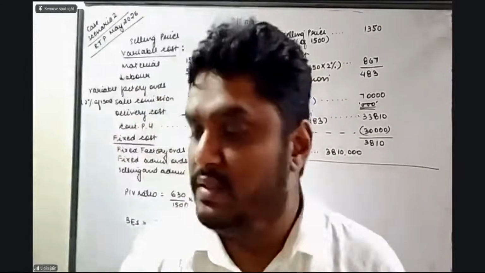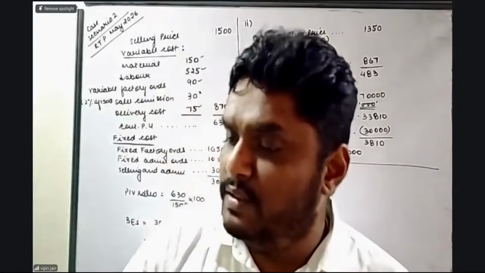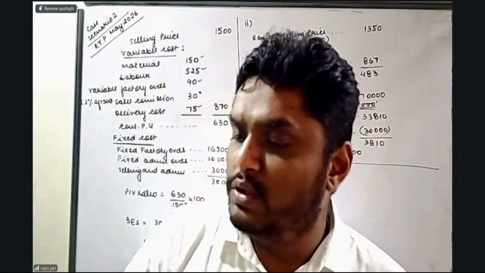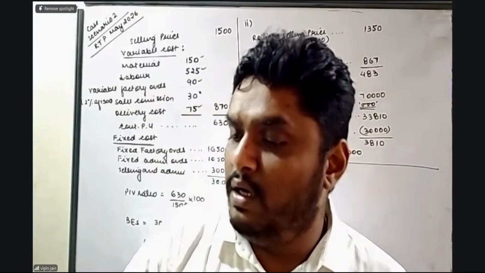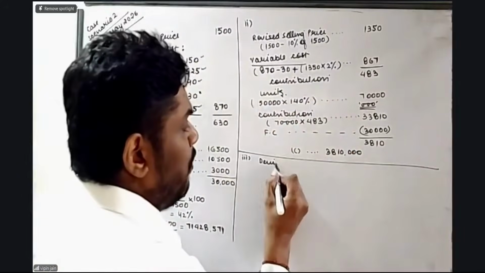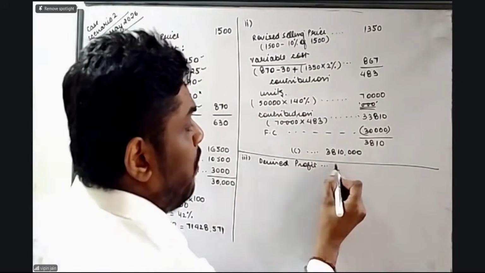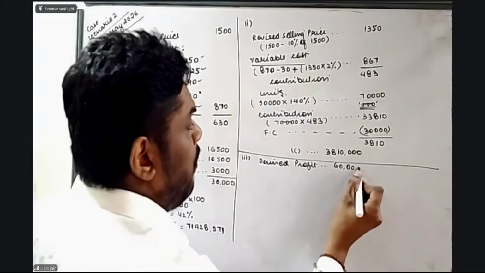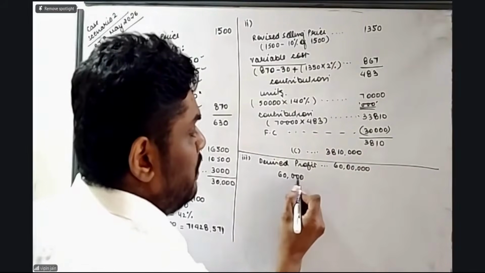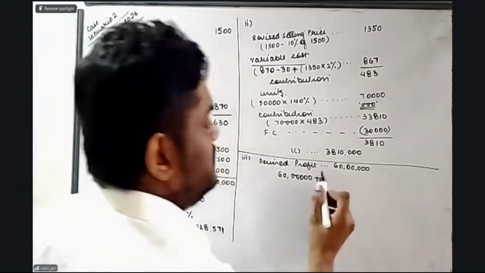Now let's move towards the third part, wherein with respect to proposal first, how many units would White Collar Private Limited need to sell at 1350 to earn a desired profit of 60 lakhs? So very simple. 60 lakh is my desired profit plus my fixed cost.